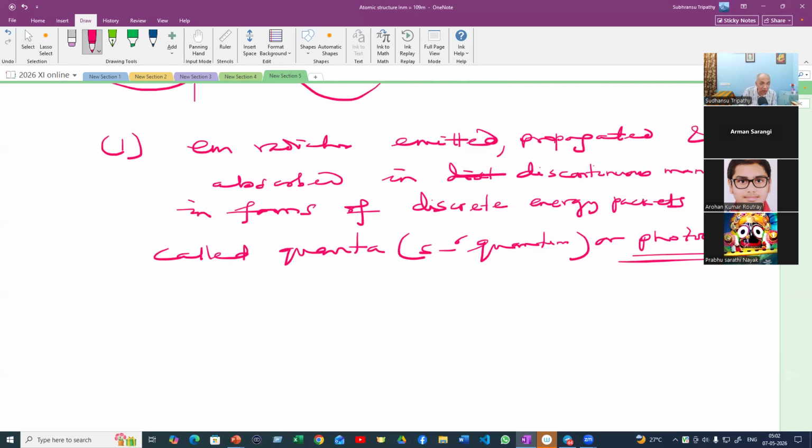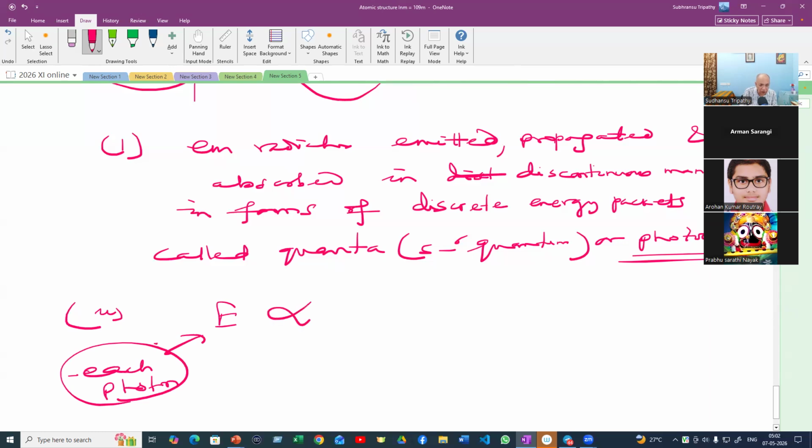And the second one he found, which is Planck's own theory, is that the energy value of each photon is proportional to its frequency, nu, and hence it's equal to its proportionality constant named after him, h nu.